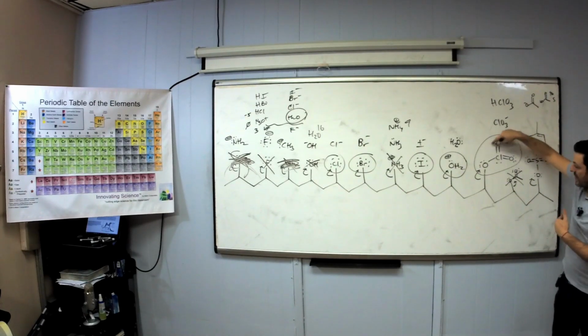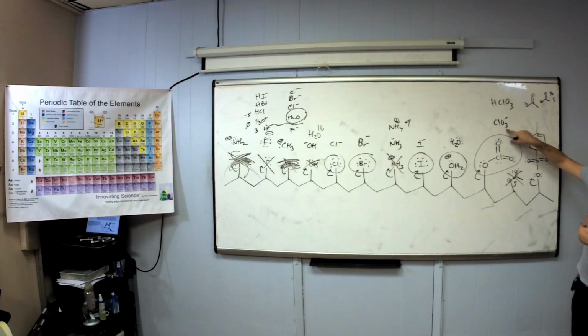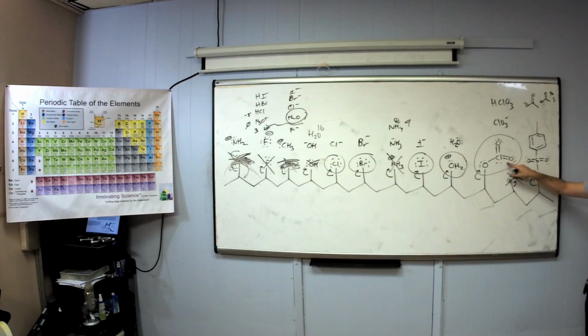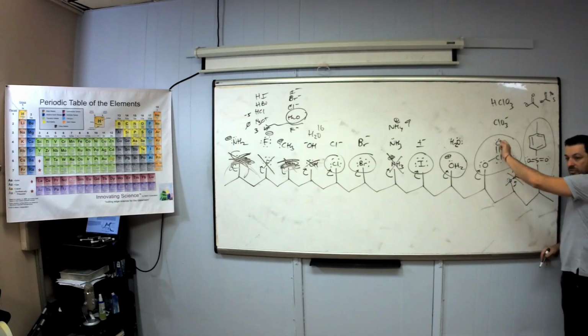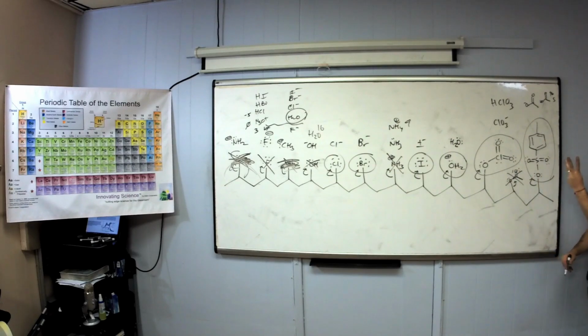But if you have 3 resonance contributors, do you see you're going to get 3 resonance contributors? Then that's not just minus 10, but it's minus 10 and minus another 10. Do you see that? And that would put that into strong acid category. In fact, the same reasoning is over here. Because you'll get an O minus resonating to an O minus resonating to an O minus. That's 3 contributors of O minus. Do you see that's 3 contributors?